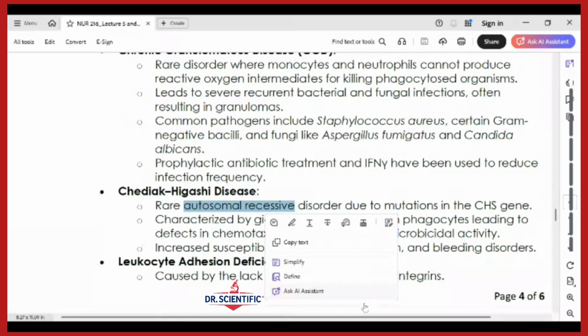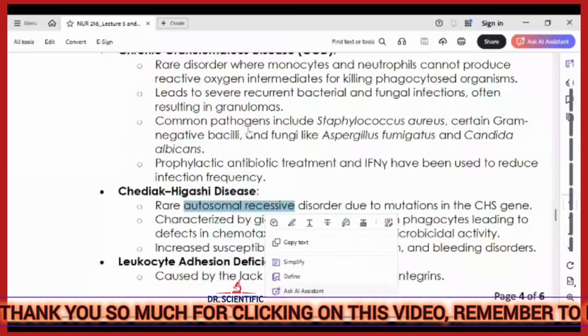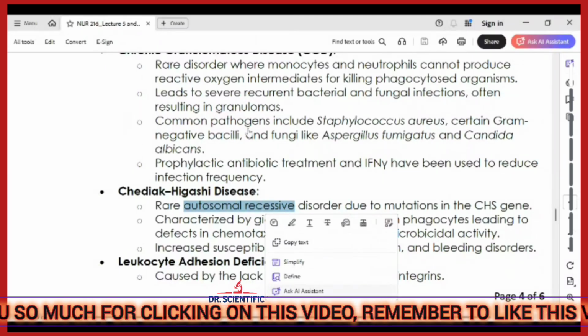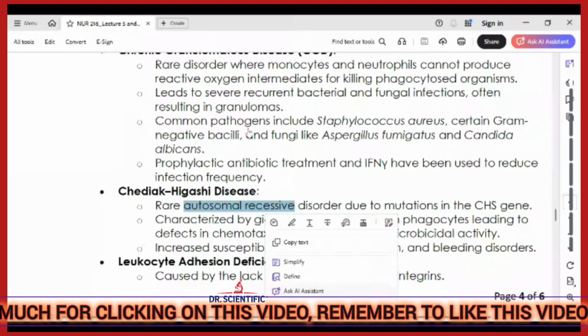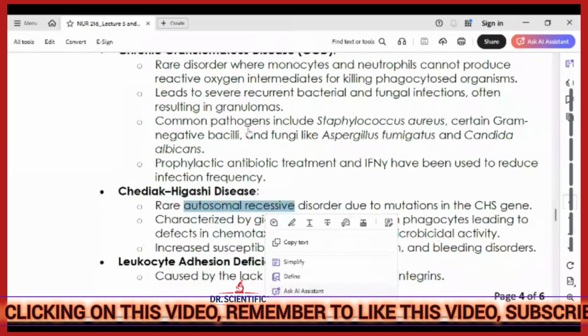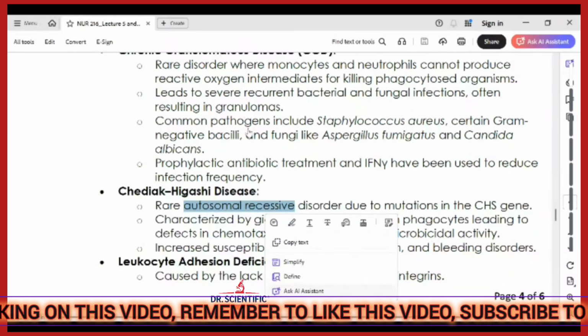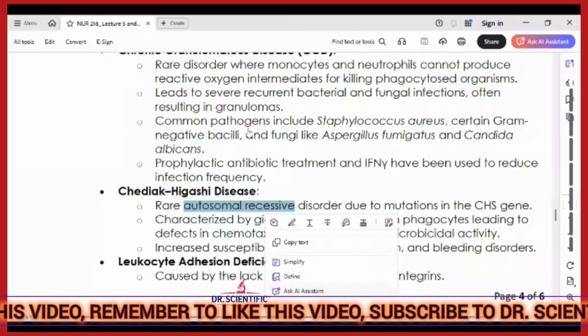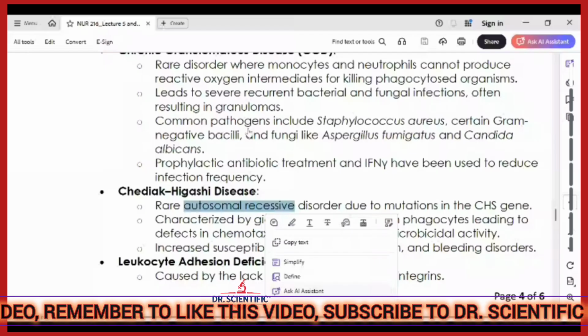In other words, this gene is carried on chromosomes 2, 7, and 9. Let's say the mutation is carried on chromosome 2 of your father; then your mother should also carry the same mutation for it to be expressed in a homozygous state. But if it's heterozygous, maybe your father doesn't have it and your mother does, then you are heterozygous and it will not manifest.